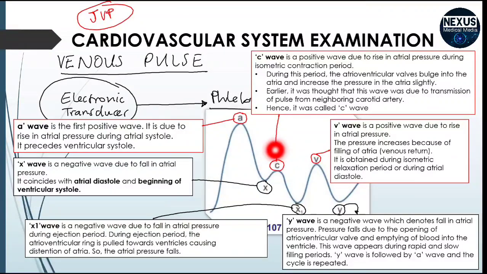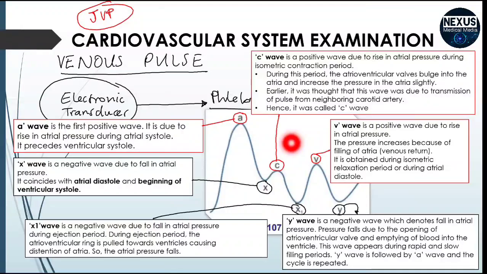It's called a C wave because at first it was thought to be due to a transmission of impulse from the carotid artery, but the truth is that this positive deflection is due to an increase in atrial pressure due to bulging of the atrioventricular valves into the atria, right?